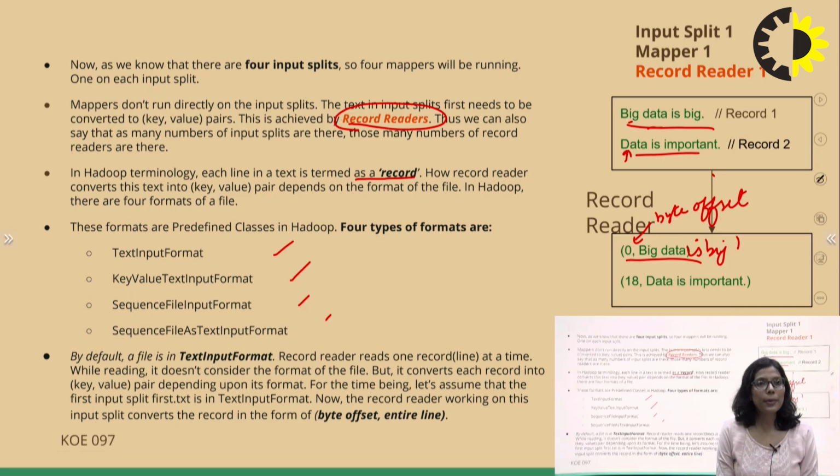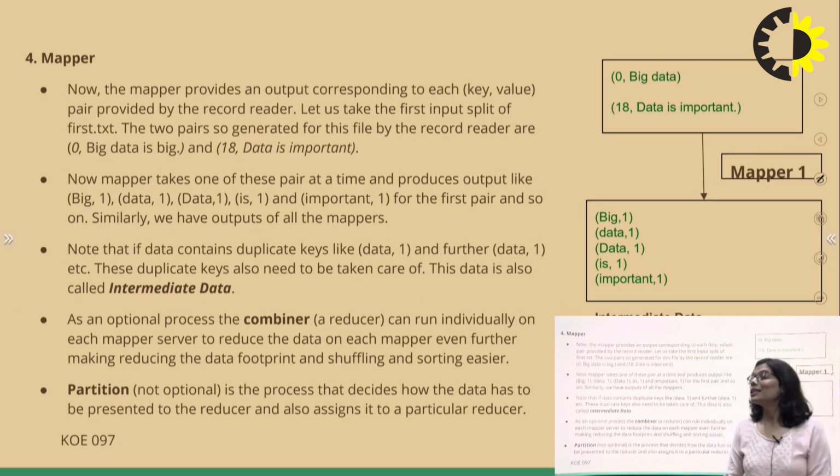The next step is that we feed this key value pair to a mapper. What the mapper does depends on the logic. So what do we want our mapper to do? Suppose the task is to find the frequency of each of the unique words: how many times big has appeared, how many times data has appeared.